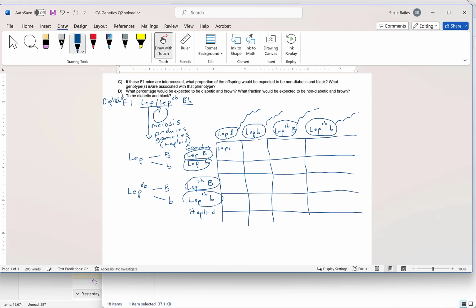So LEP, capital B, capital B; LEP, capital B, lowercase b; lep OB, capital B; lep OB, capital B, lowercase b.